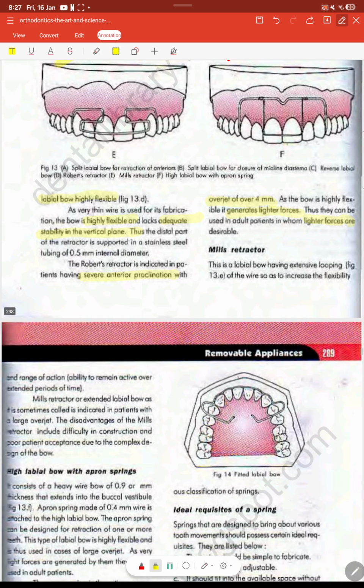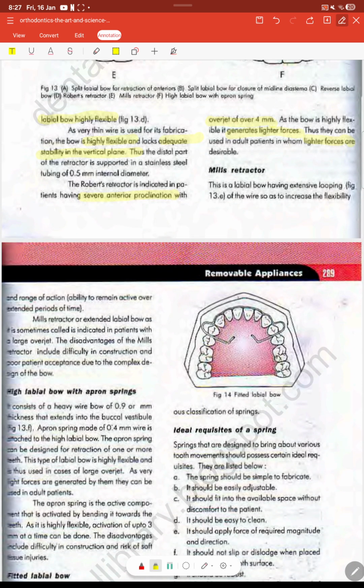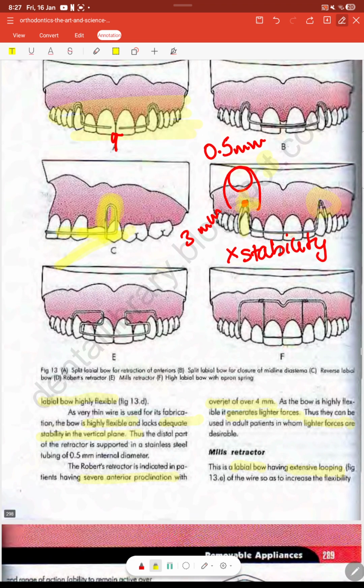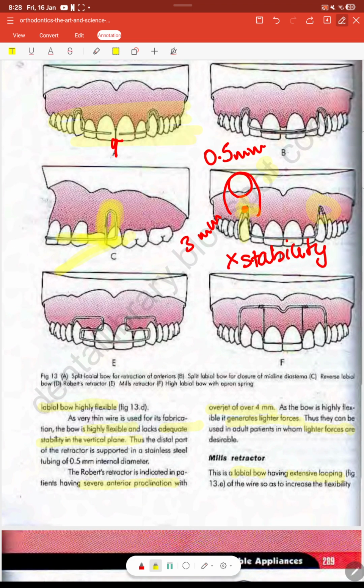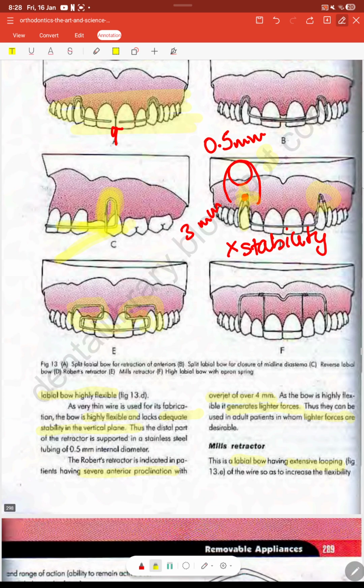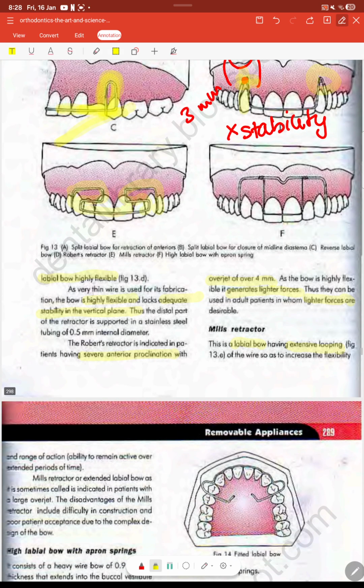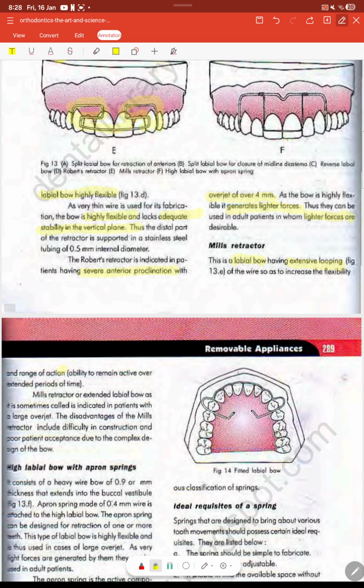Now Mills retractors. This is a labial bow having an extensive looping, to increase flexibility and the range of action.